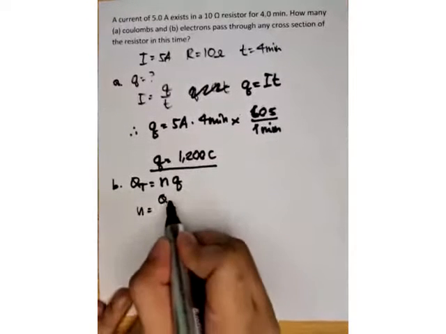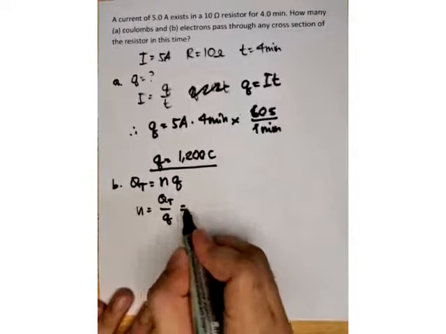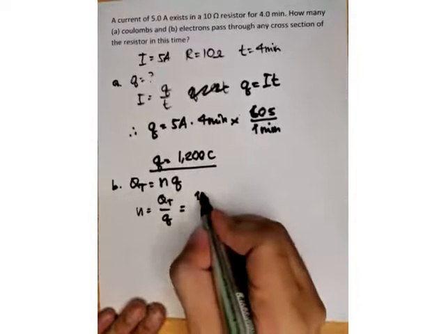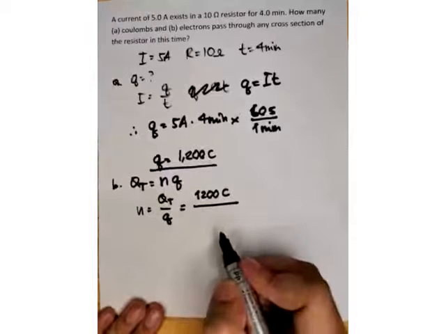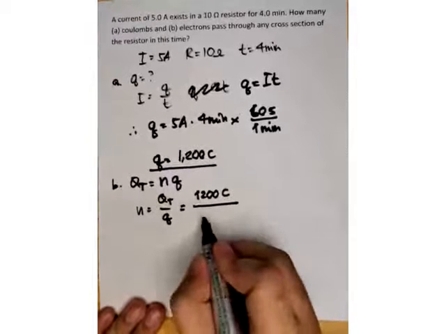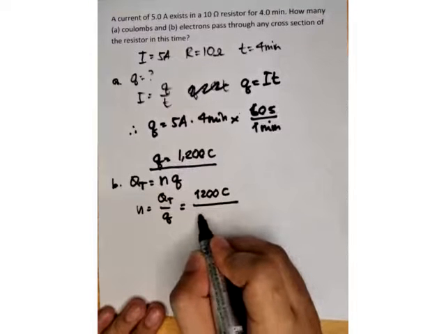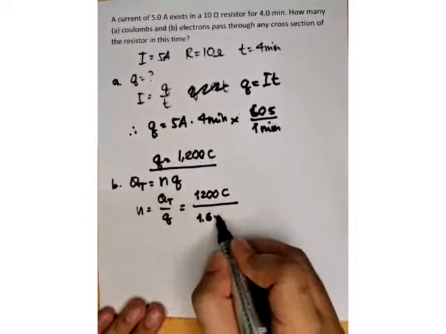That's equal to 1,200 coulombs all over, for 1 electron, meron tayong 1.6 times 10 raised to negative 19 coulomb per electron.